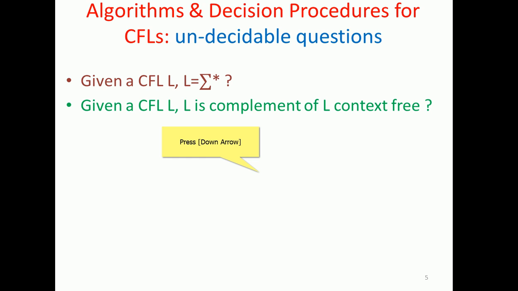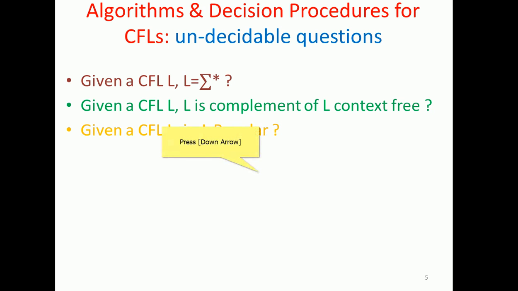So language L accepts some strings from sigma star, and if we complement it, the output language in complement form, is that also context free, right? So these are some undecidable questions. Undecidable means unsolvable questions, right?